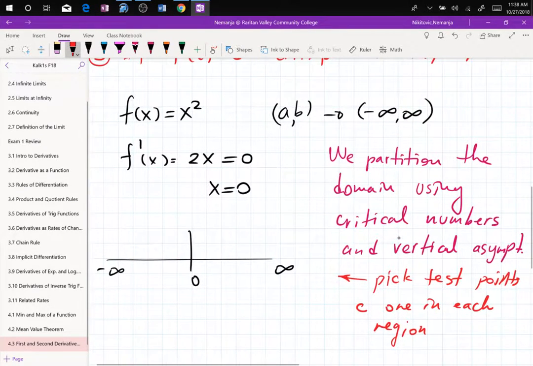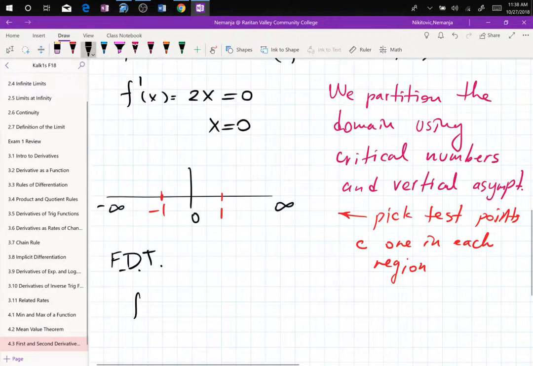So pick partition. I'm going to pick -1 and +1 because it's cheap, it's easy. And now, first derivative test, FDT, is compute the first derivative at -1. Well, the first derivative was 2x, so 2 times -1 is -2.